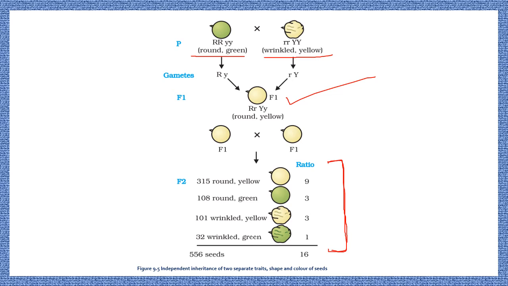They have taken an example of 556 seeds. Out of that, 315 are round and yellow, 108 peas are round but green, 101 peas are wrinkled but yellow, and only 32 peas are wrinkled and green. So these are independent inheritance of two separate traits, shape and color of seed.